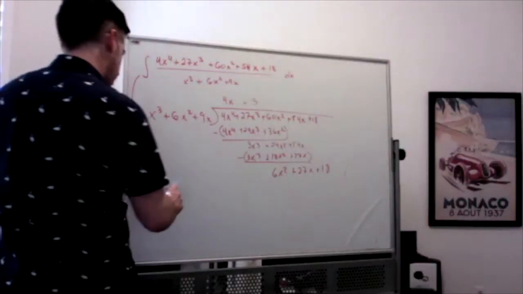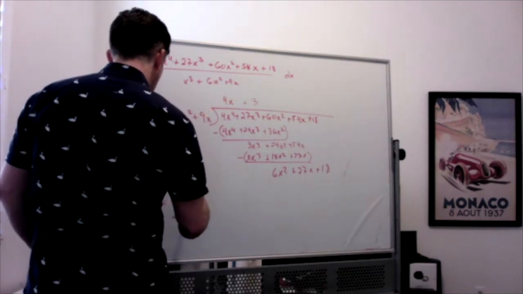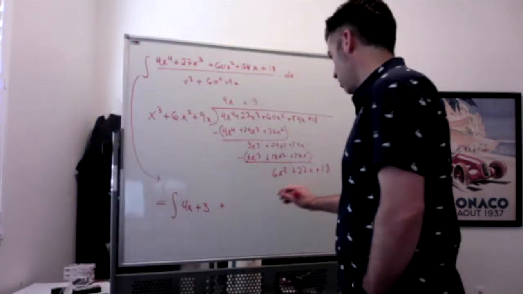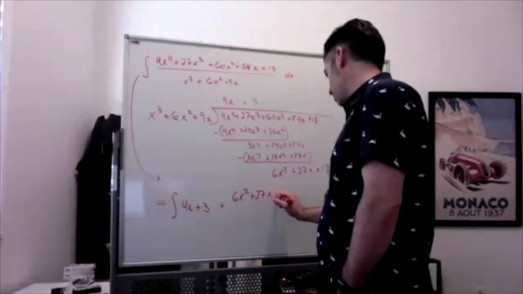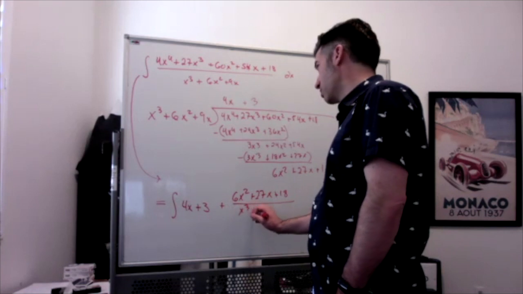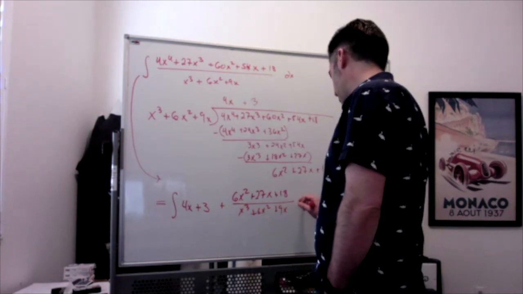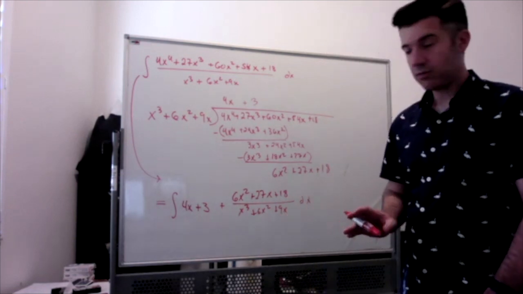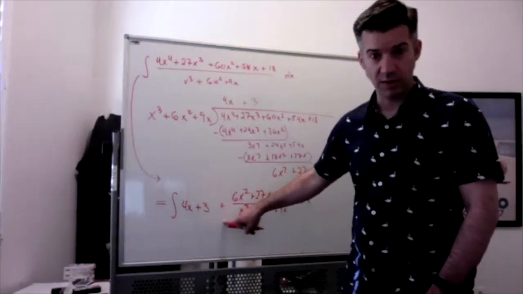This is going to equal the integral of the quotient 4x plus 3, plus the remainder 6x squared plus 27x plus 18 divided by the divisor, which is x cubed plus 6x squared plus 9x. Okay, so integrating this is not a problem, right? It's going to be 4x squared over 2 plus 3x.